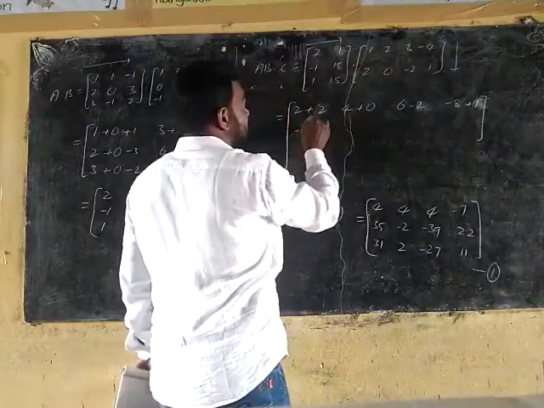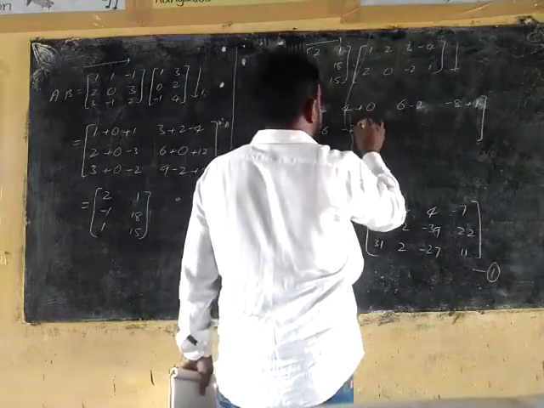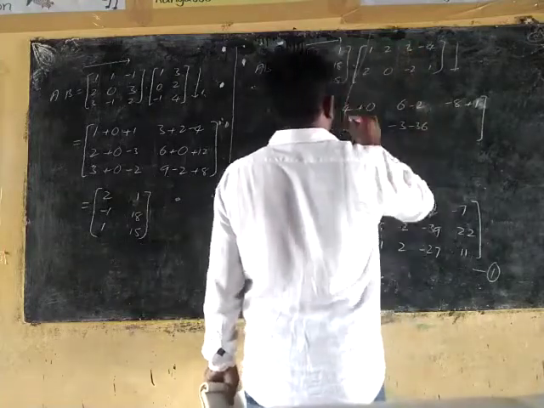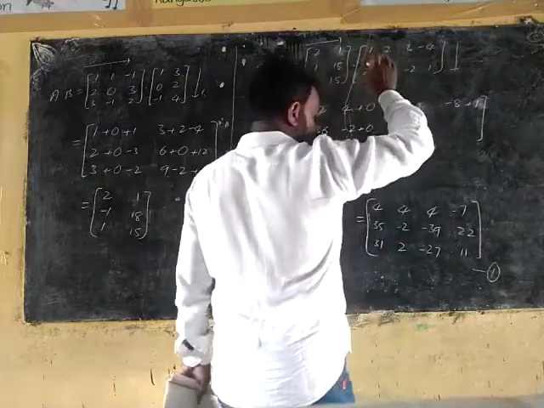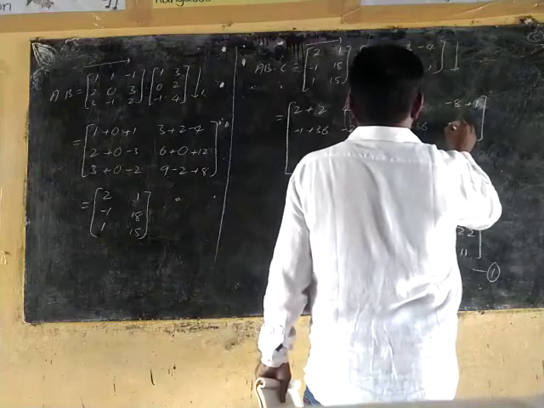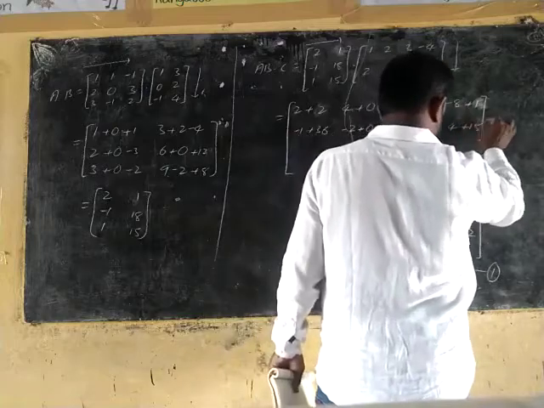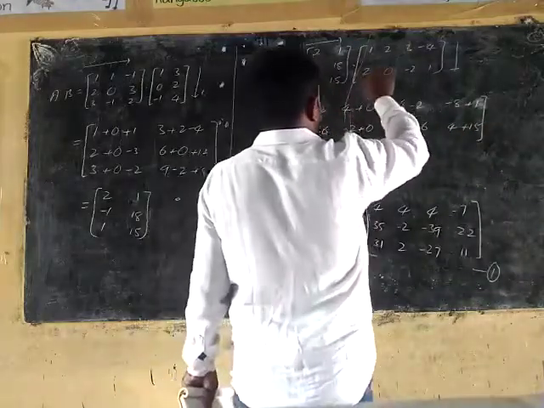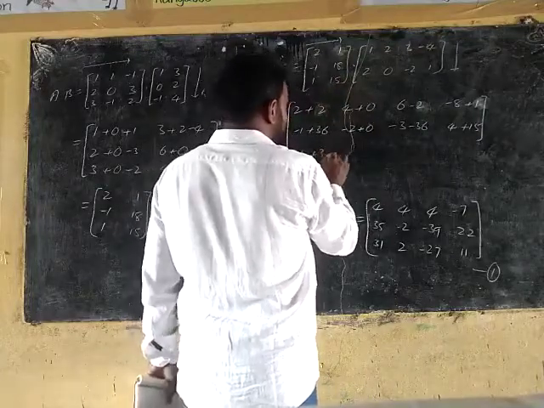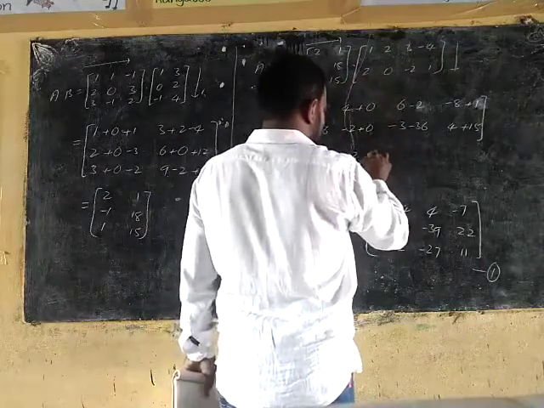Next, second row, first column: minus 1 into 1, minus 1. 18 2s are 36, minus 2 plus 0, minus 3, minus 36. Next, minus 1 into minus 4, 4. 15 ones are 15. Next, third row, first column: 1 into 1, 1. 15 twos are 30. Next, 1 into 2, 2. 15 into 0, 0.